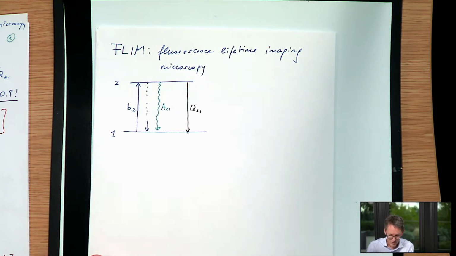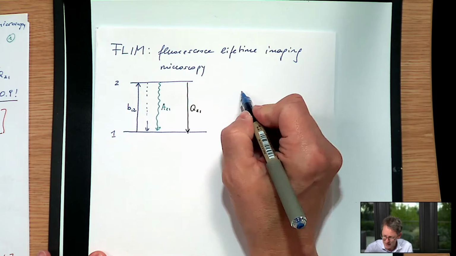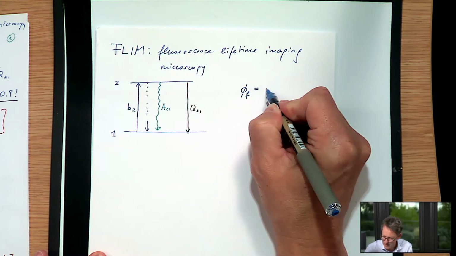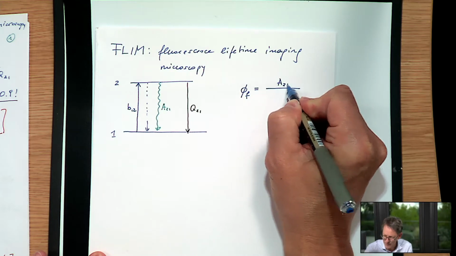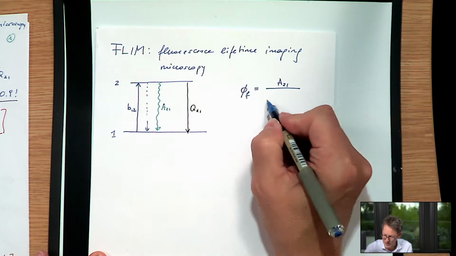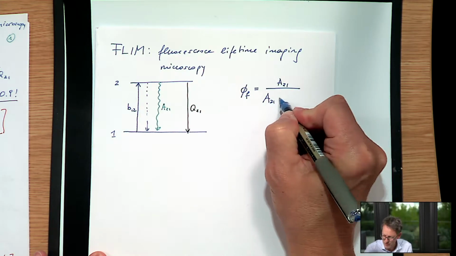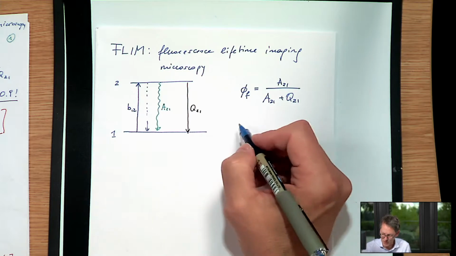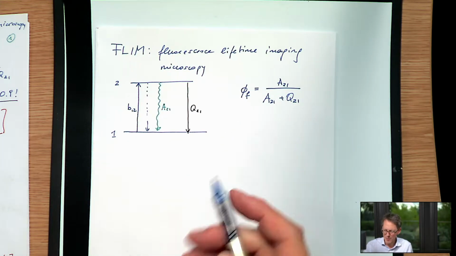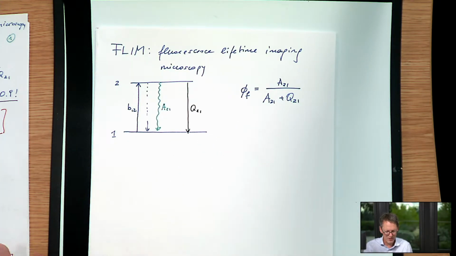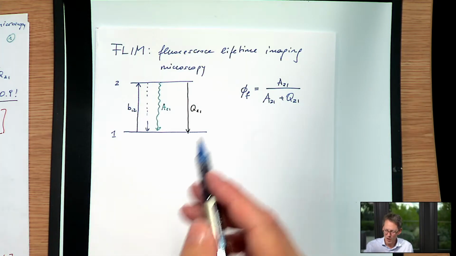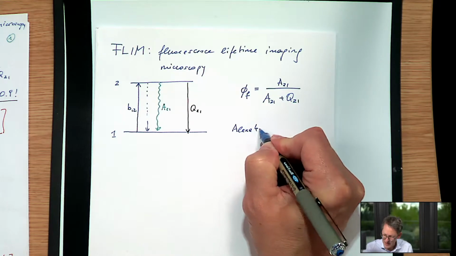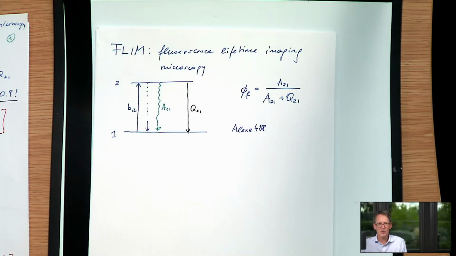So to recap, we said that the fluorescence quantum yield, theta f, is given by the rate at which the fluorescence is generated over the total loss rate, which is A21 plus Q21. And just to give you an example, in the lecture notes for this lecture, you have a structure of a fluorophore called Alexa 488, which is used a lot in biological fluorescence.